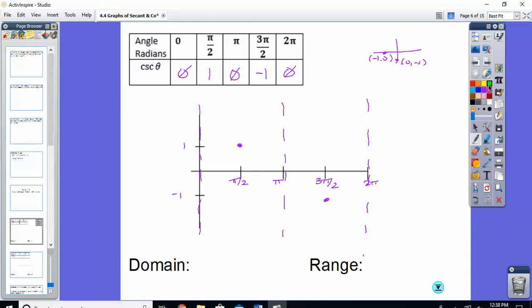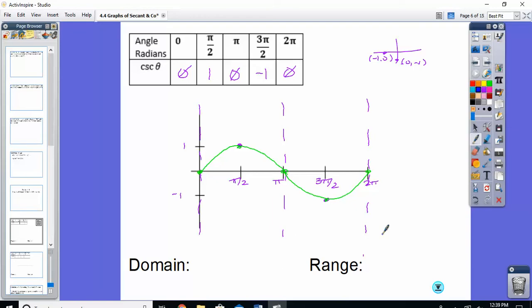What I'm going to do is let's just very lightly sketch in the graph of sine. Sine starts at 0, 1, 0, negative 1, 0. So sine looks like this. Cosecant is the reciprocal of that, meaning every time sine was 0, we get an asymptote.